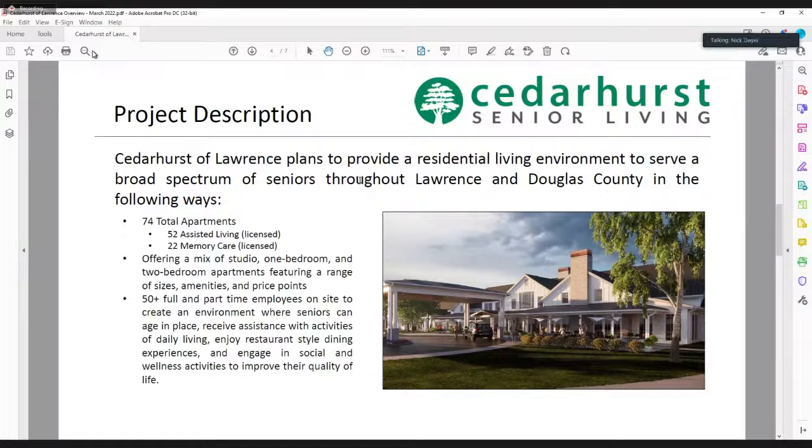And then, as I mentioned, the facility will be home to 50 full and part-time employees that will be in charge of managing the facility, taking care of the residents, working in our dining program, and then other housekeeping and property maintenance employees as well.